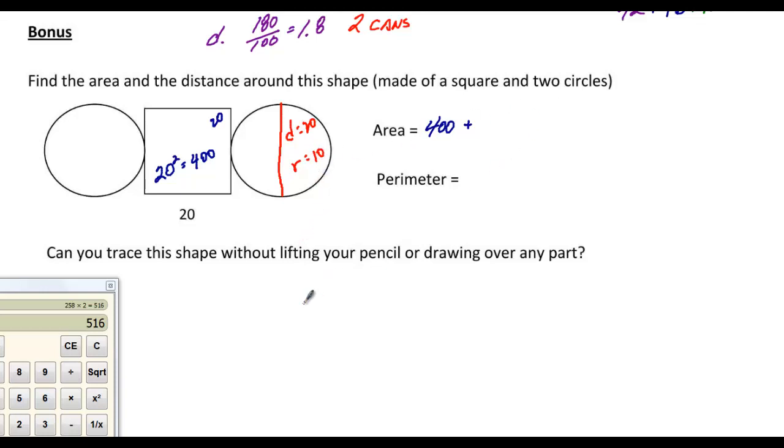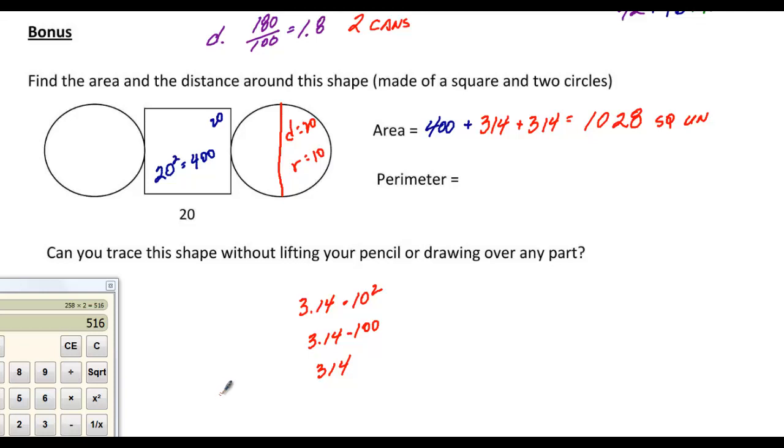And so we have 3.14 times 10 squared, which is 3.14 times 100, which is move the decimal twice. So that circle has an area of 314. The other circle also has an area of 314. 300 and 300 is 600, plus 400 is 1,000, and the two 14s give us a total of 1,028 square units of area.